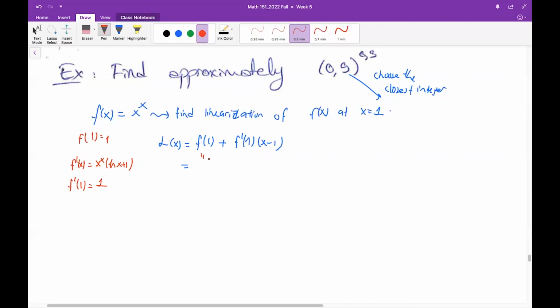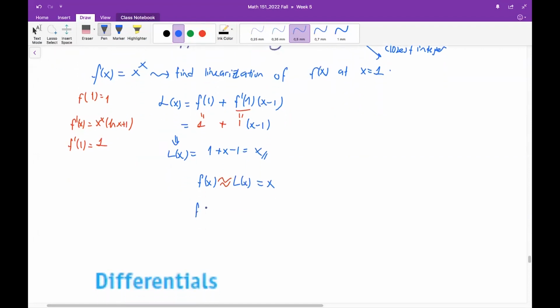So this is computed as 1, this is computed as 1, and the linearization function becomes L of x is 1 plus x minus 1, so it is just x. What we understand here is that f of x is approximately the same as L of x, which is given by just x.